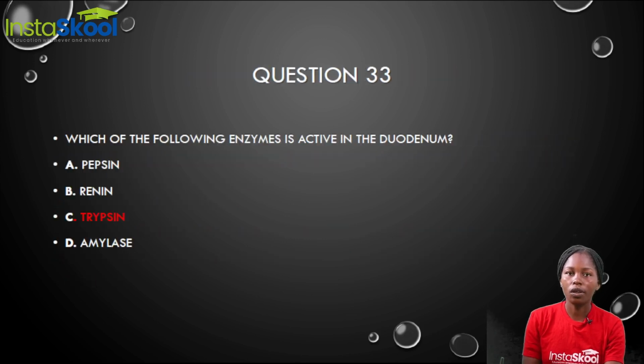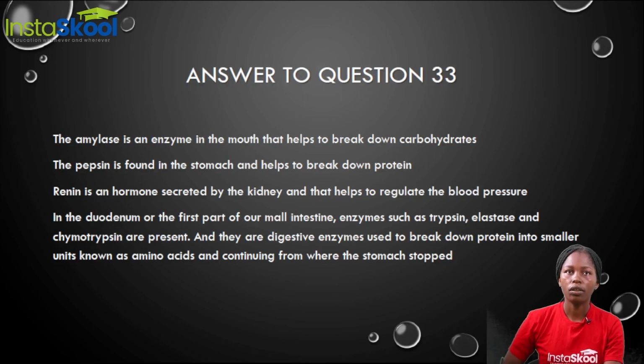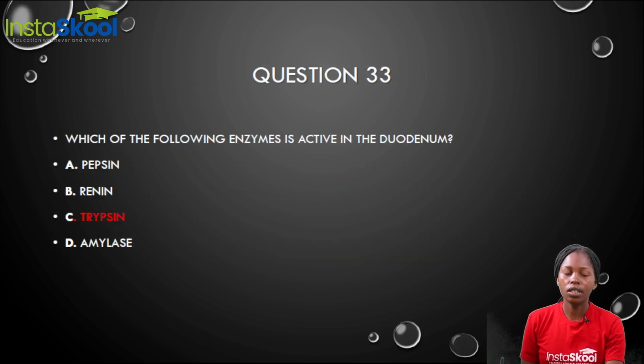Moving on to our question 33. Which of the following enzymes is active in the duodenum? Now when we talk about the duodenum, we're talking about the first part of our small intestine. Now when we look at all these enzymes, where do we find them?